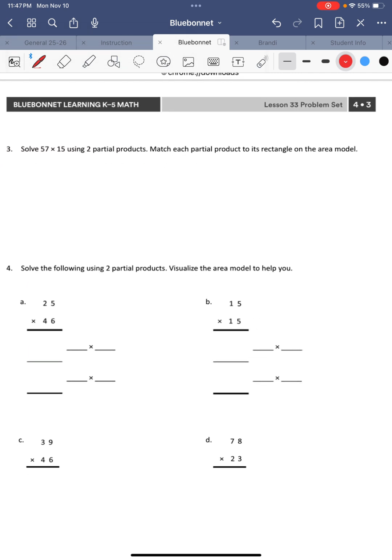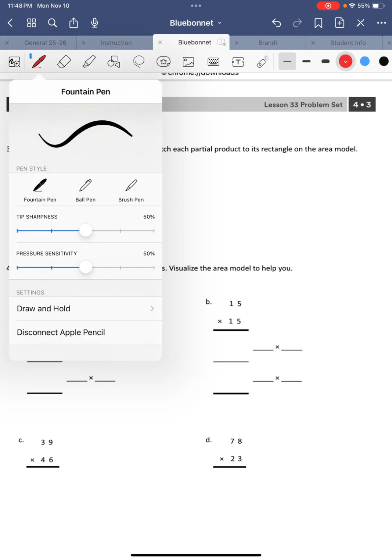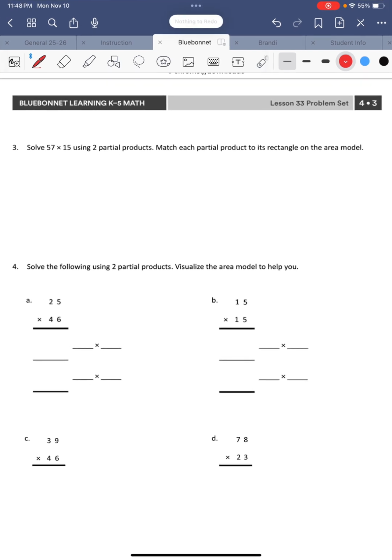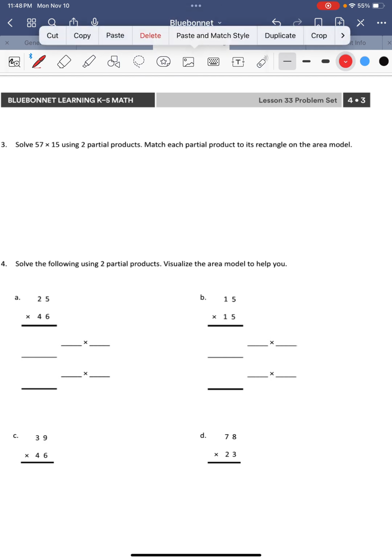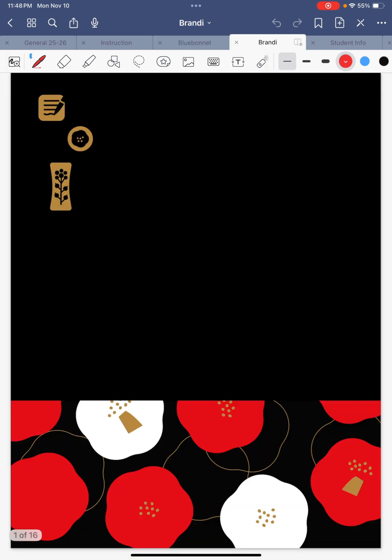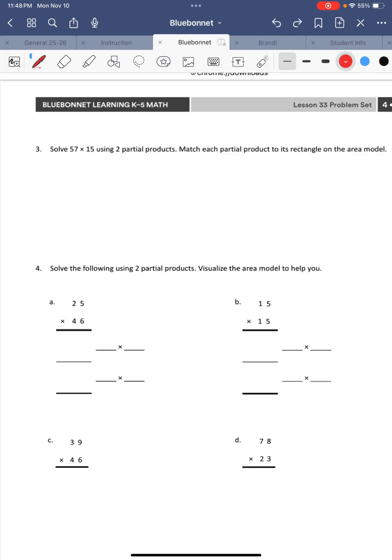I'm going to stop this one for now. Oh my goodness, we got a mess all over the place. Let me find, here we go.